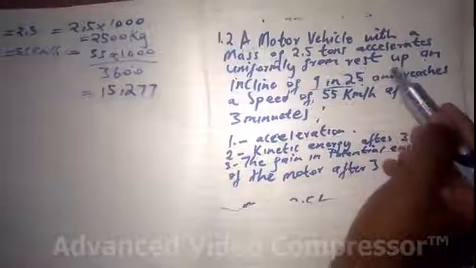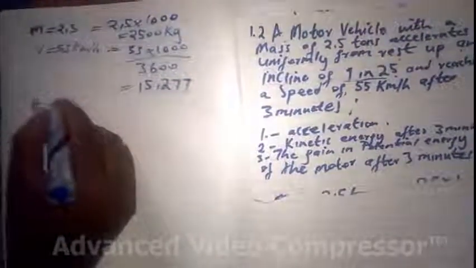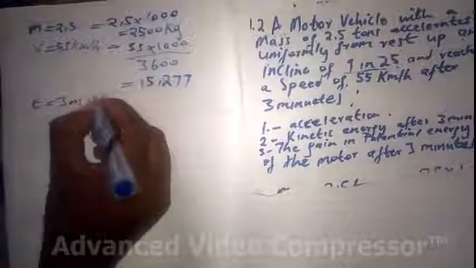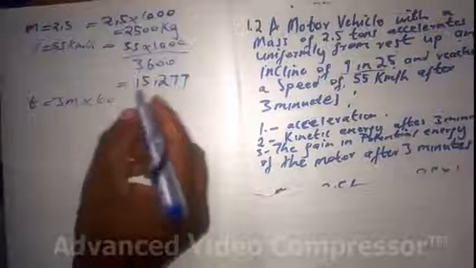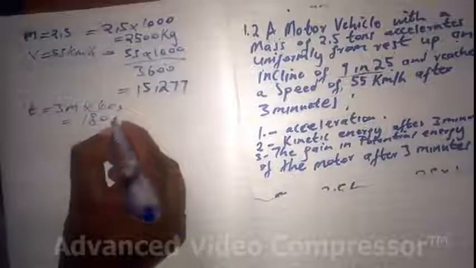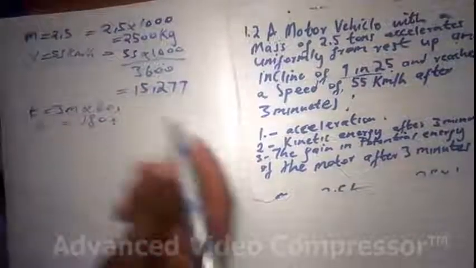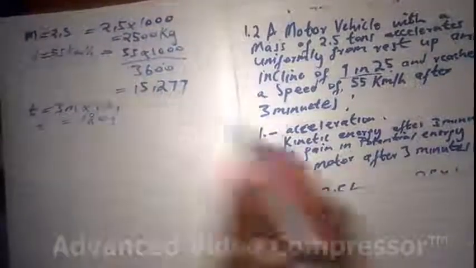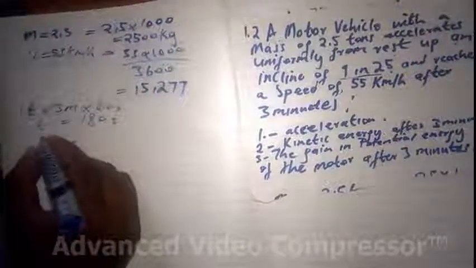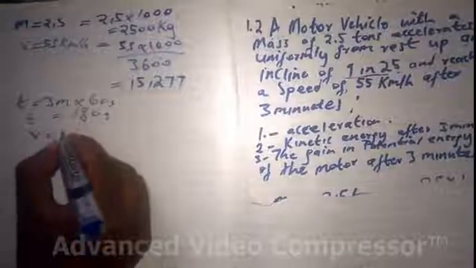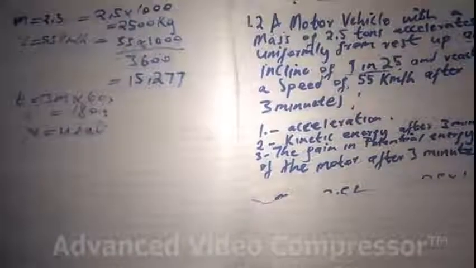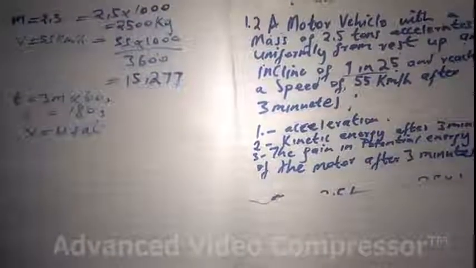Then let's see for time. The time is 3 minutes, so 3 minutes multiplied by 60 seconds is equal to 180 seconds. So this is now our time in seconds. Since we are looking for acceleration, we are going to use the formula v equals u plus at.